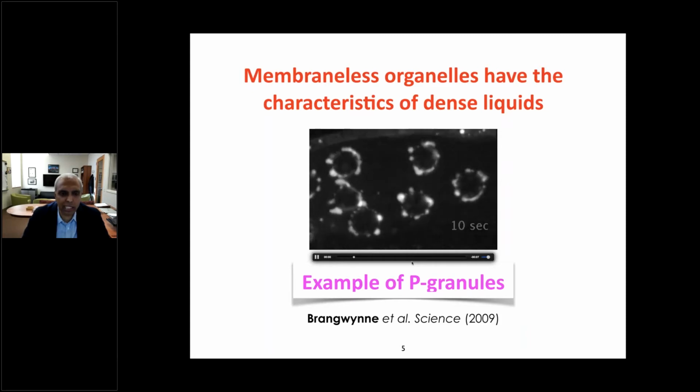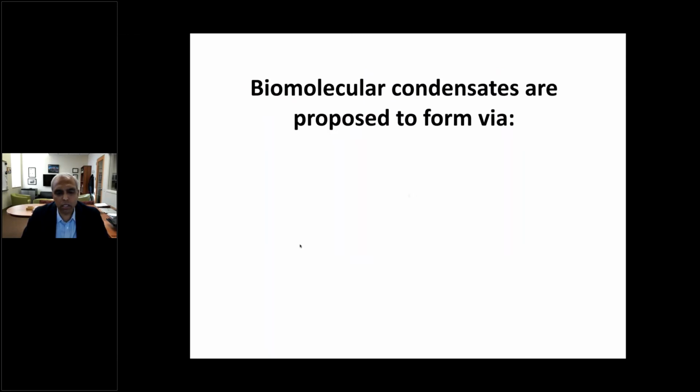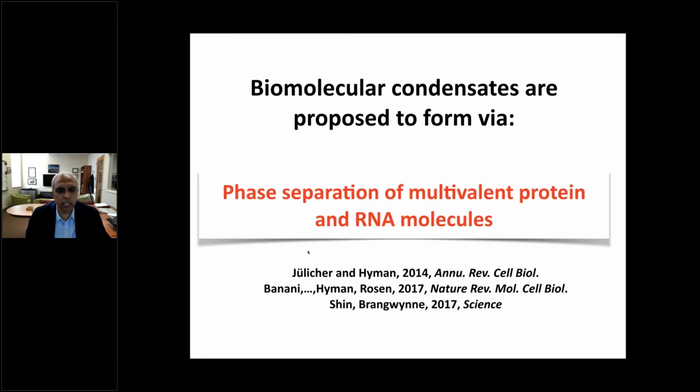And what this leads us to is the obvious question, which is how do we think about the driving forces for condensate formation? This talk will build on the observation that at least in stylized systems, it would appear that facsimiles of biomolecular condensates form via what is referred to as phase separation of multivalent protein and RNA molecules.